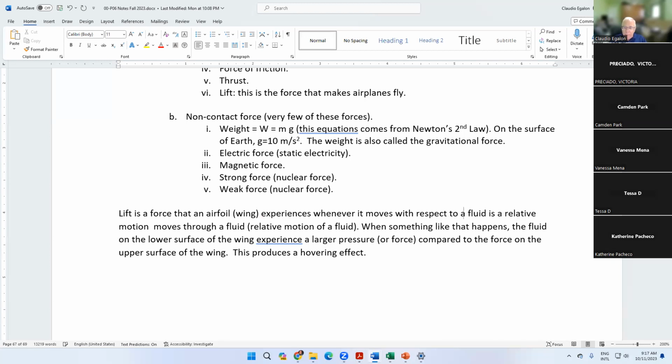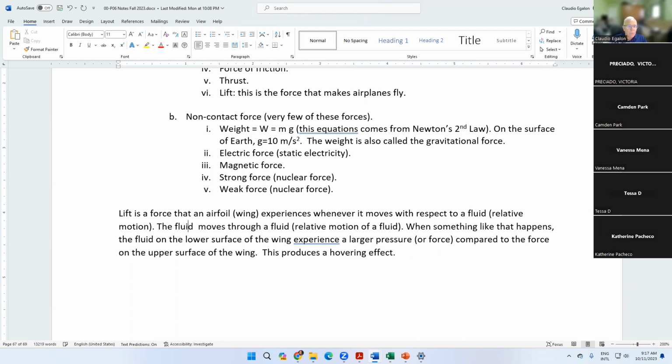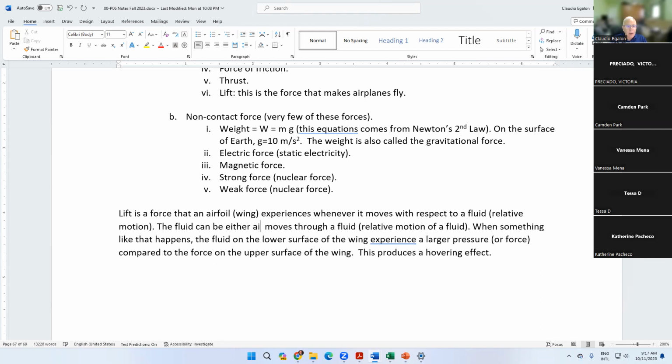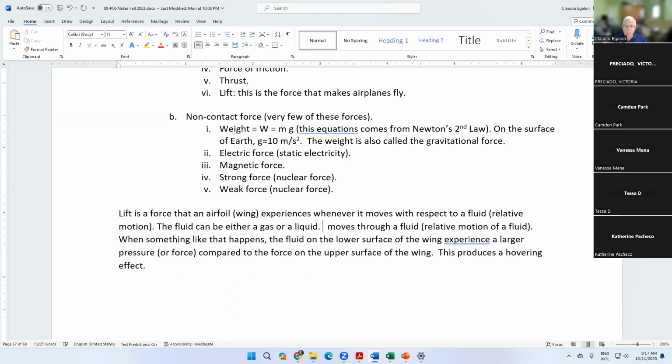So it's a matter of relative motion, right? It's a question of relative motion. The fluid can be either air or water, either a gas or a liquid.